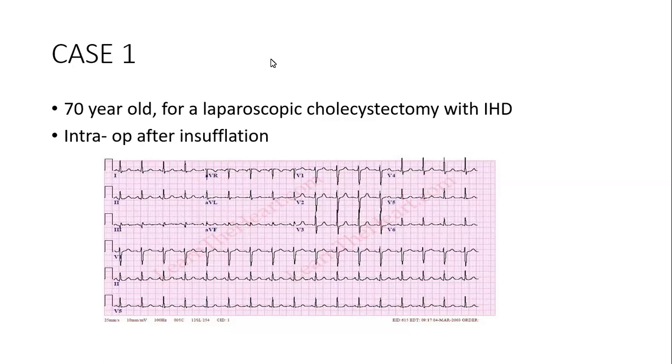Okay, all right. So as you said, the patient is tachycardic. So this is sinus tachycardia. Yes. Sinus tachycardia in a patient with ischemic heart disease. What is your worry?